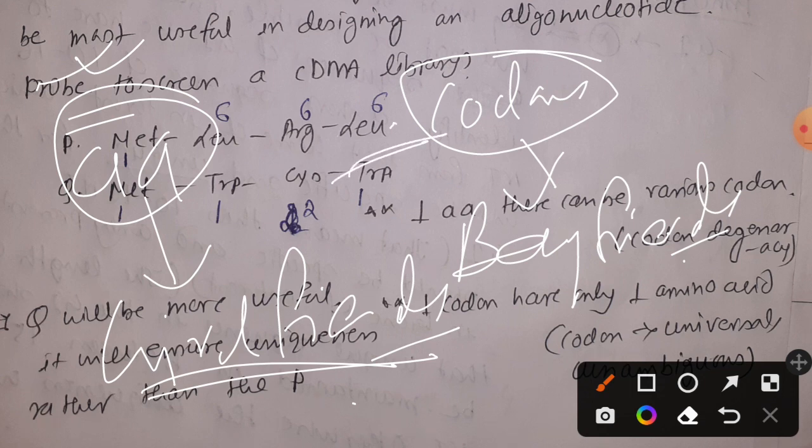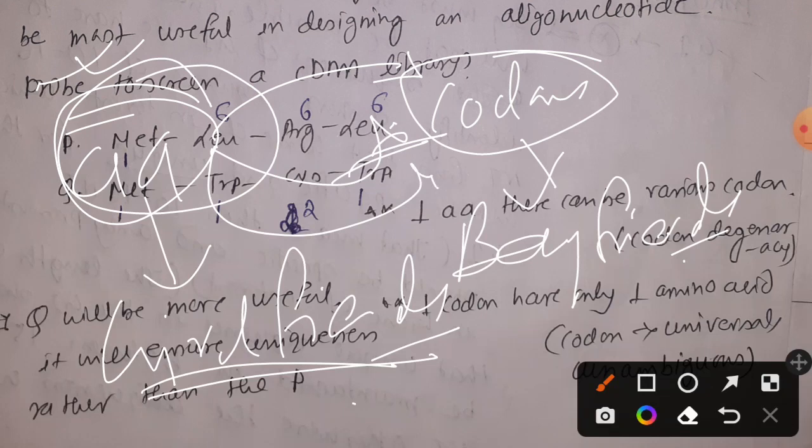Okay, and codons are universal and unambiguous. Again I am repeating that an amino acid can have multiple codons. Suppose leucine has 6 different codons.